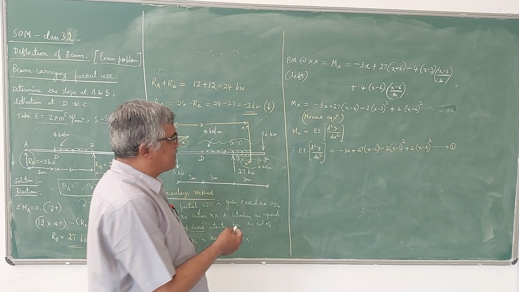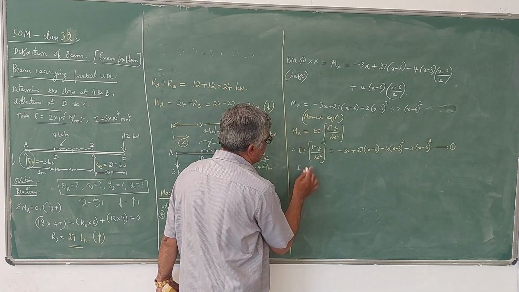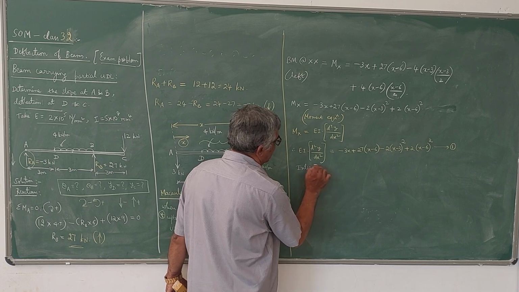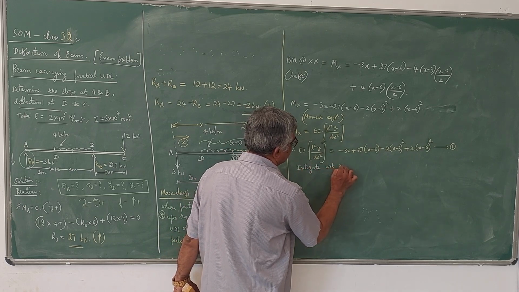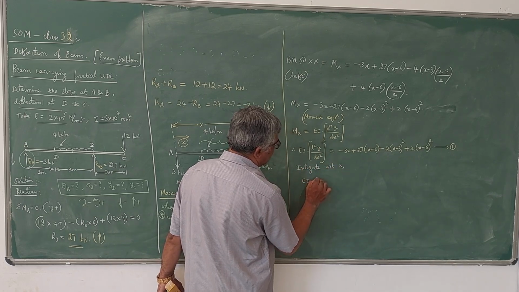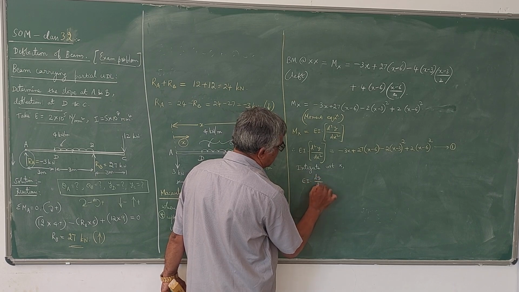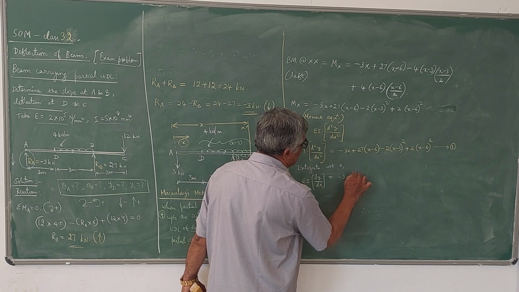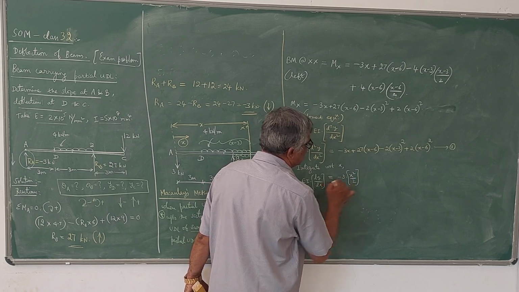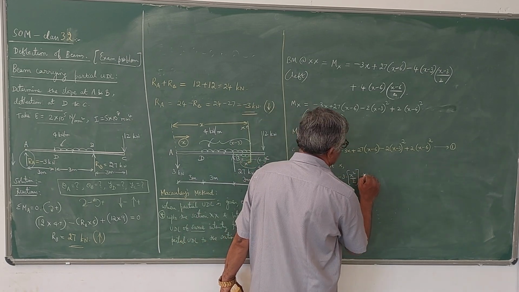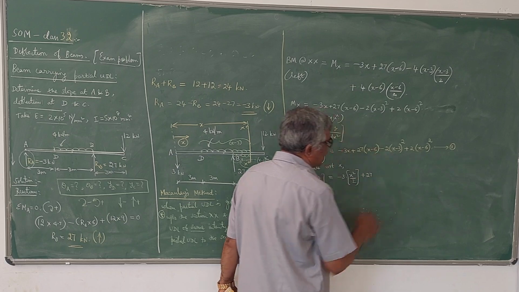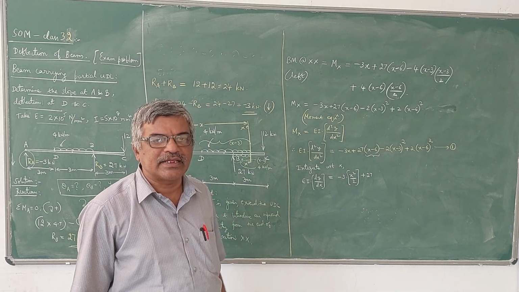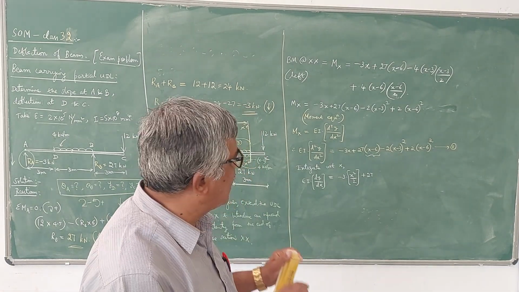Once you integrate this equation, you will get dy by dx, which is the slope equation or the rotation equation. Integrate with respect to x on both sides. EI into the integration of d square y by dx square is dy by dx. This will be equal to minus 3 into x square by 2, plus 27 into, as I have already told, in Macaulay's method this x minus 6 is treated as x as a whole and integrated.